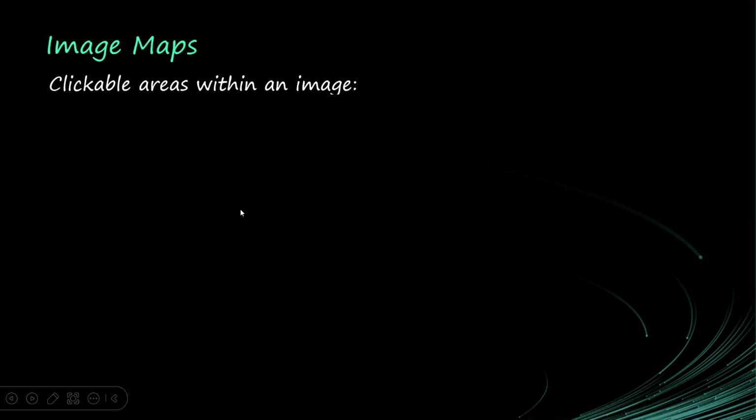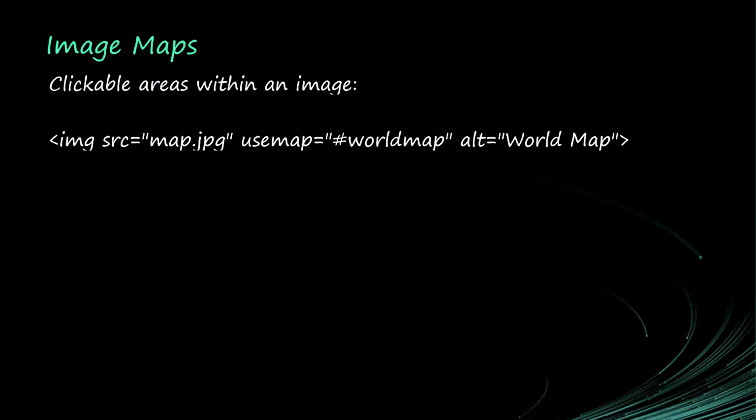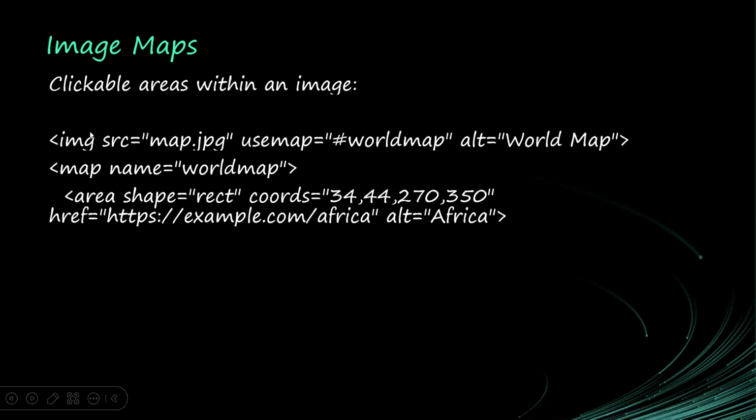Now there's something else we call image maps. Image maps are somewhat advanced, but they are used to make different parts of your images clickable.